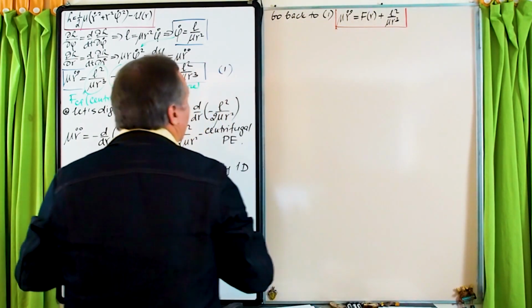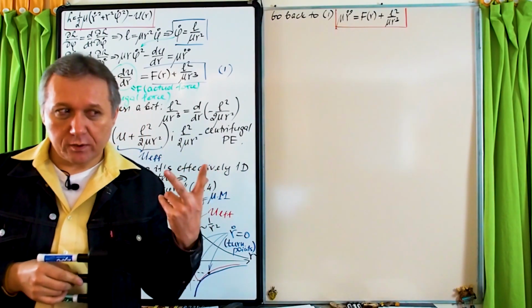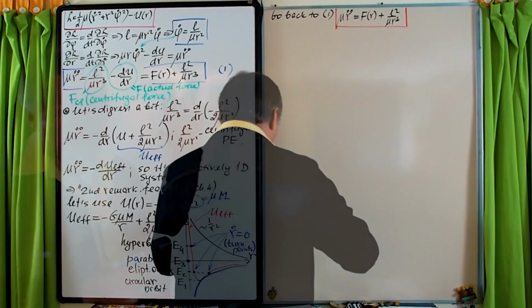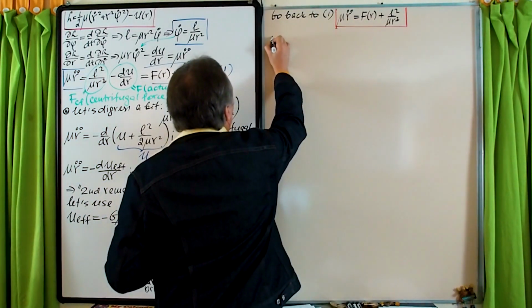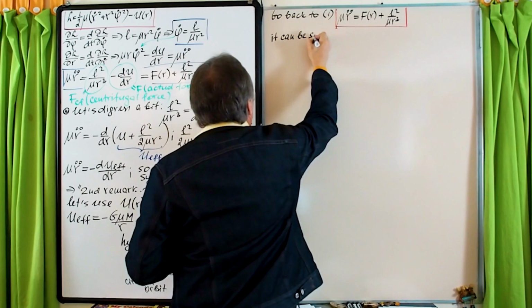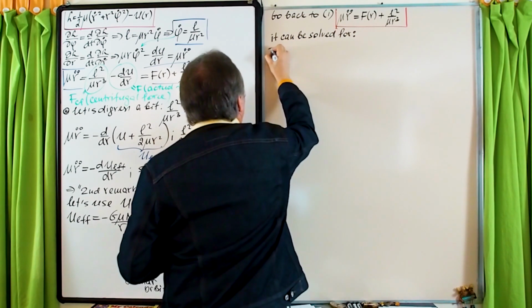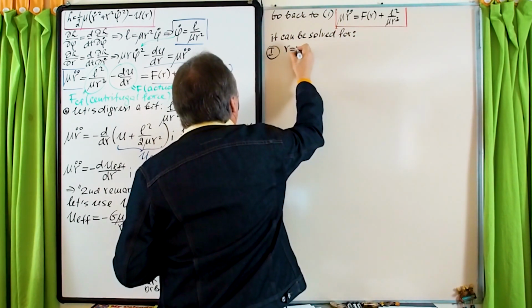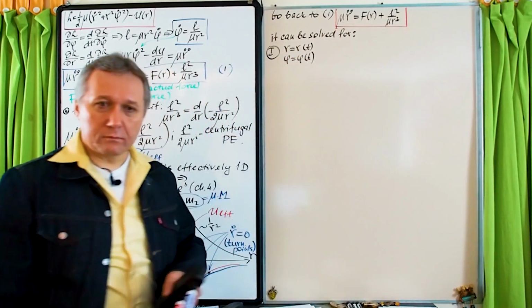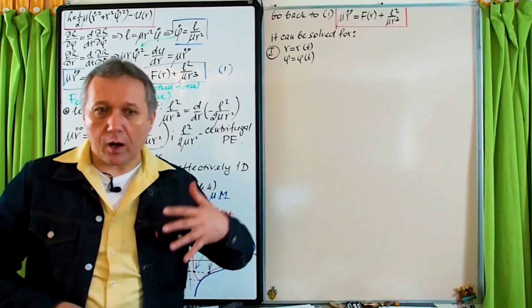Now, this equation can be solved for two pieces of information. First option, you can solve it for r as a function of time and phi as a function of time. It can be useful if you are interested in the history, how r and phi change with time.